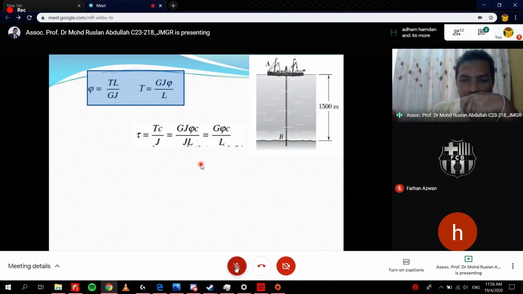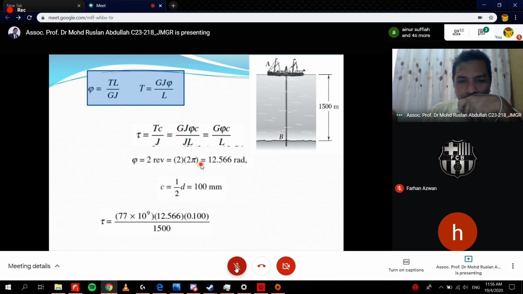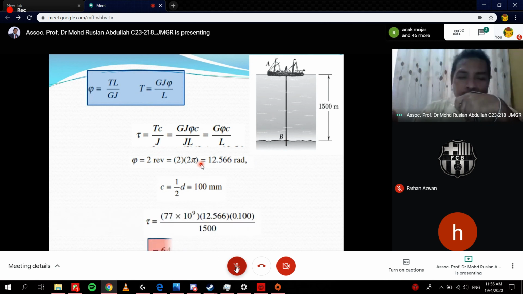Then, based on that, we put in all the data we have, so at the end we can determine tau. So tau equal to 64.5 megapascal. That is the maximum shear stress in the drill pipe.